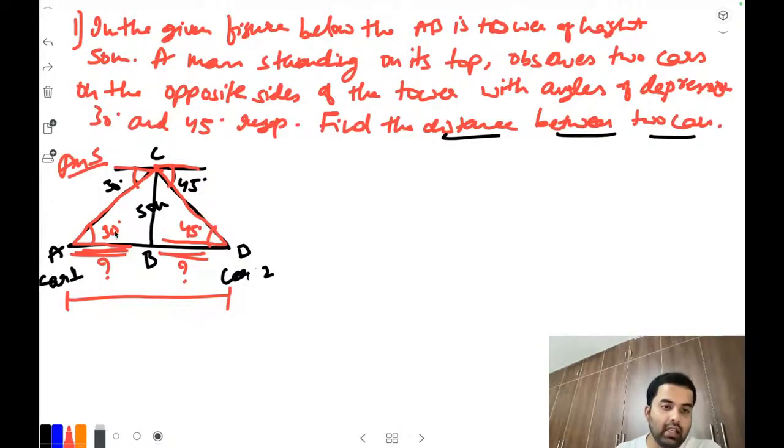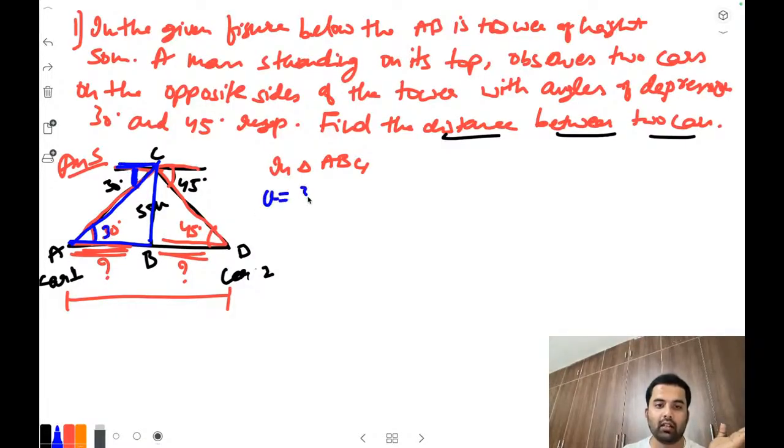Now, come to the last question. Theta is given, which means in triangle ABC, take the first triangle, this blue color. First, 30 degree was given up, but we know the Z shape is there, so we kept 30 inside. Now theta we got it, 30 degree. And this is the P value, 50 meter.